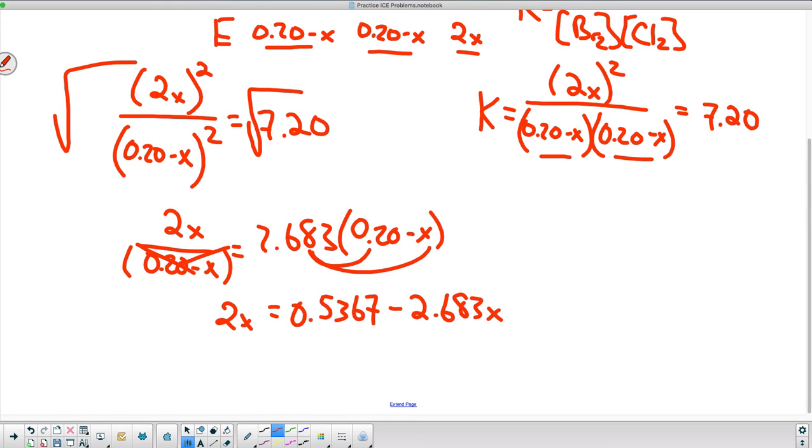And then, to get the 2.683x on the other side, I add 2.683x to both sides to get 4.683x equals 0.5367, like that.